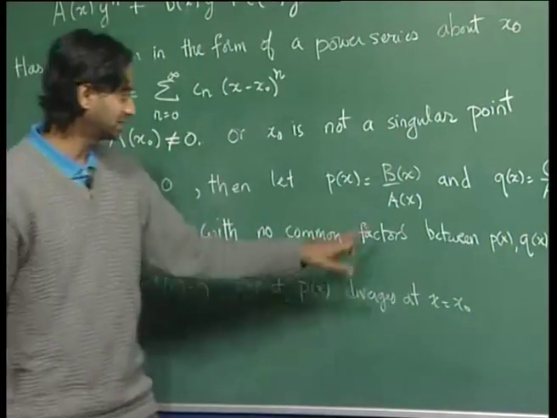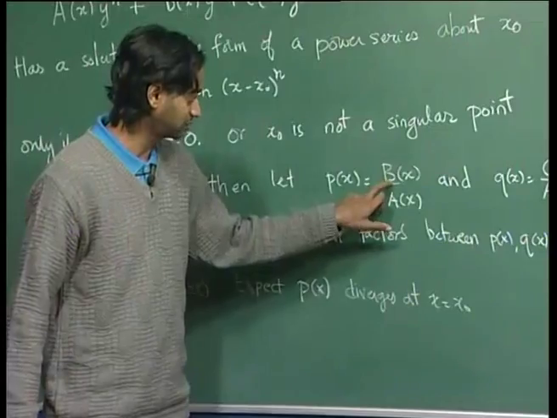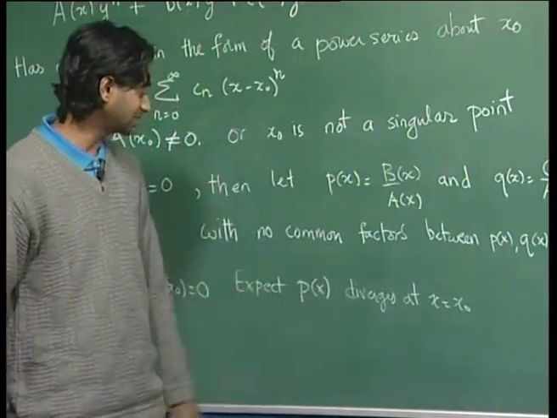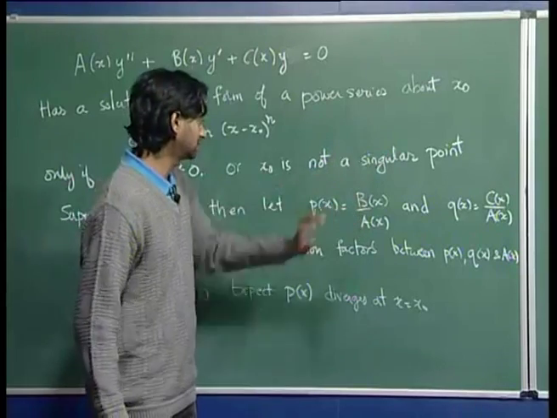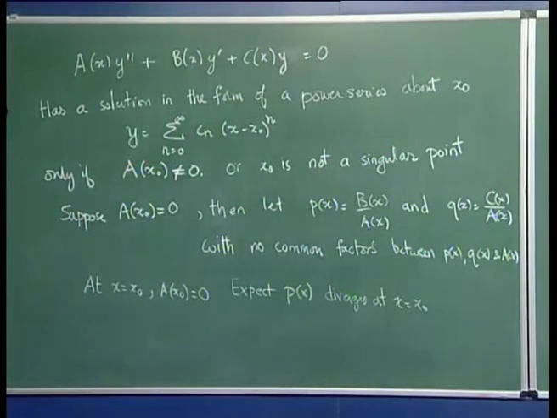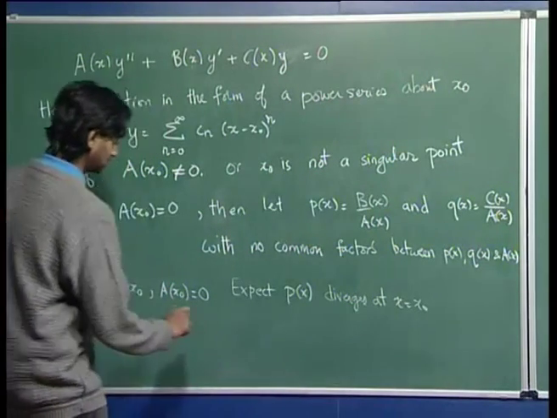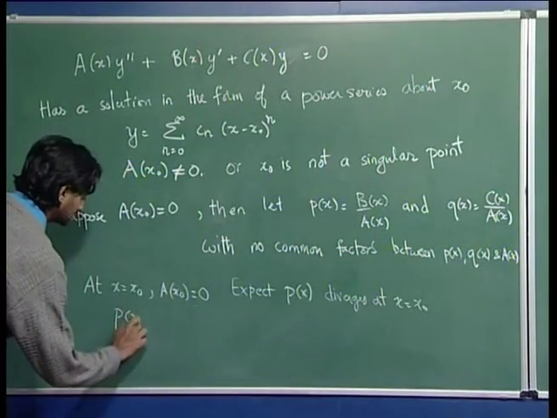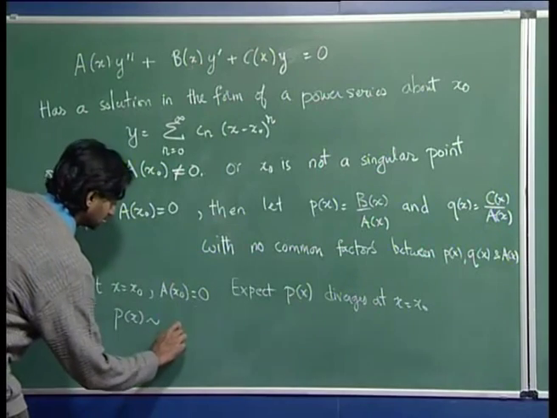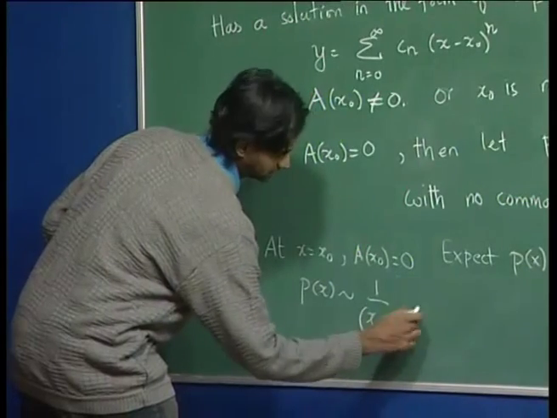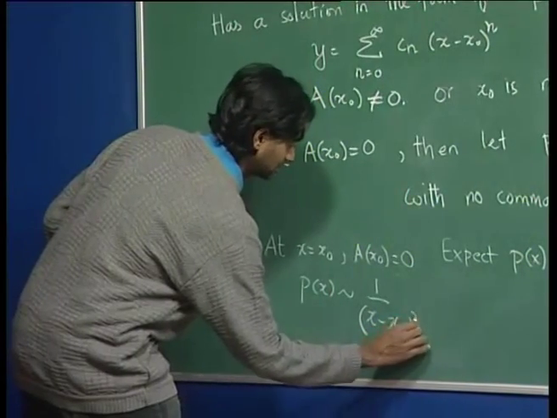So, unless b of x has some other factors of x minus x 0 which also goes to 0, you would expect that p of x will go to infinity when x equal to x 0. Okay. So, in other words p of x goes as 1 over x minus x 0 to some power, I will call it r.